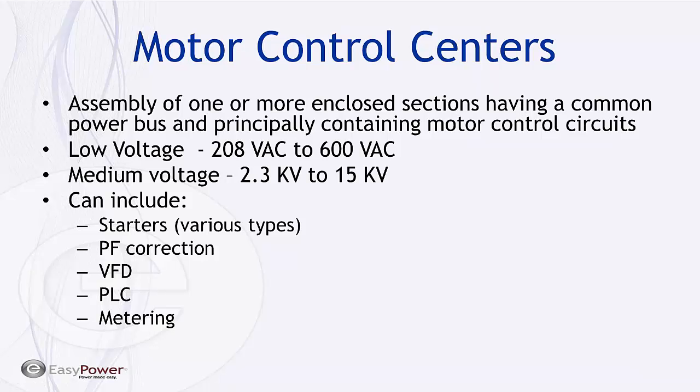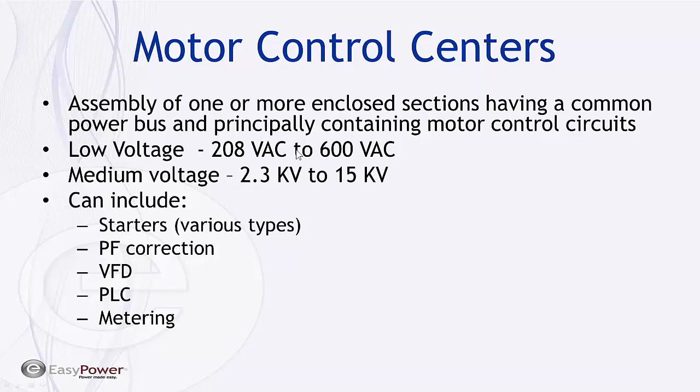The common definition is that a motor control center is a collection of a particular set of components that control the motors. These can include starters, power factor correction capacitors, VFDs, even some PLCs or metering, and all of that falls under the general category of MCCs.